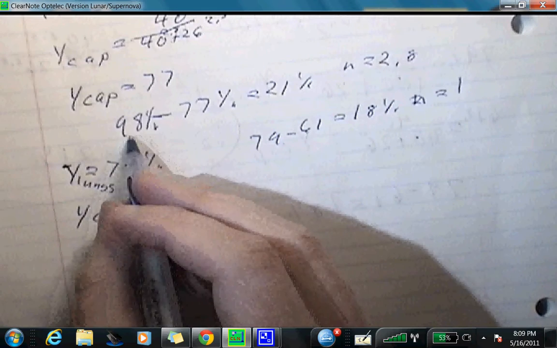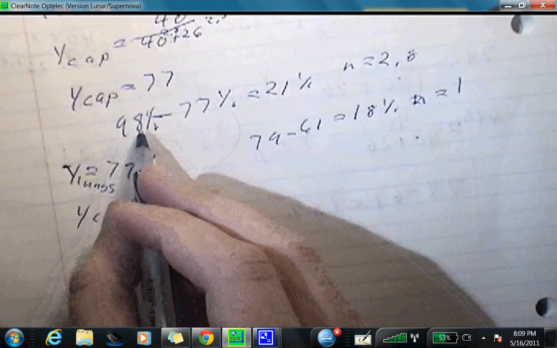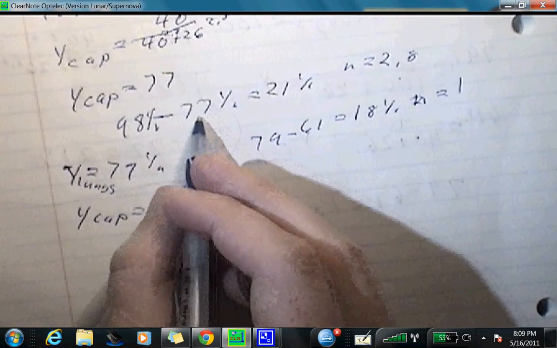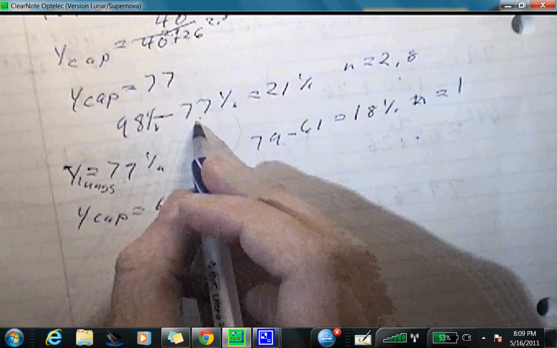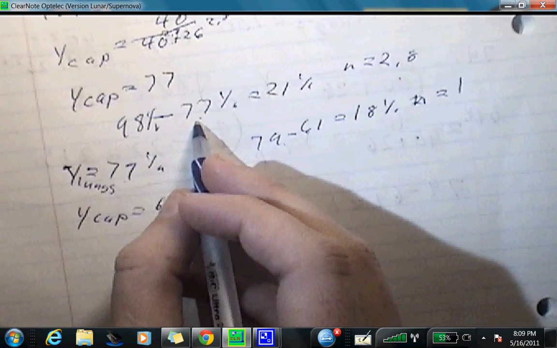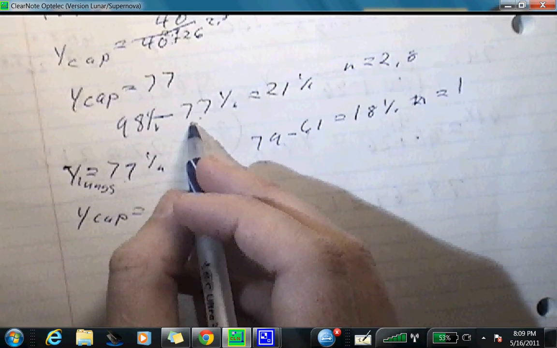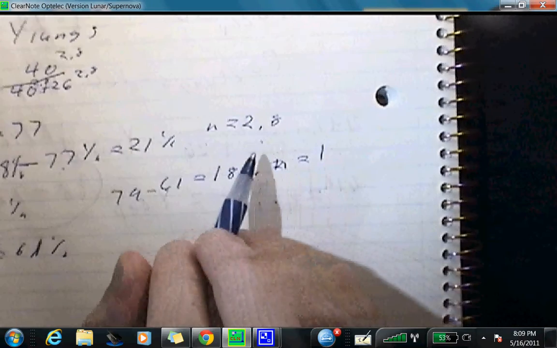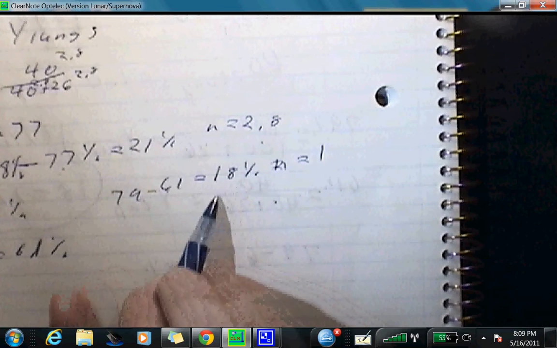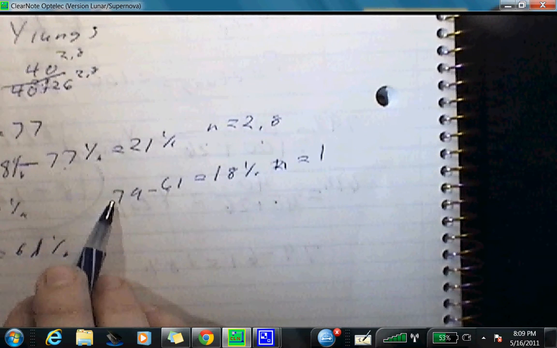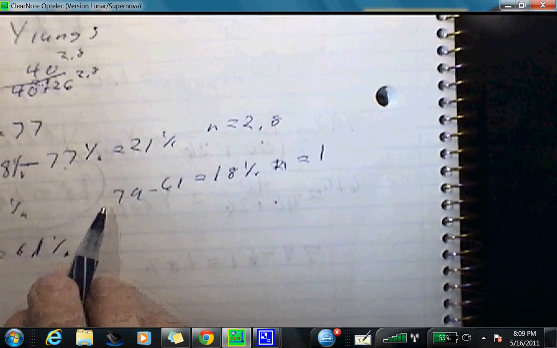I'm sorry, this starts off at 79, but this goes down to 77% when it's working cooperatively. So that means if needed, it can drop another 16% or so before it even reaches where this hemoglobin isn't working cooperatively.